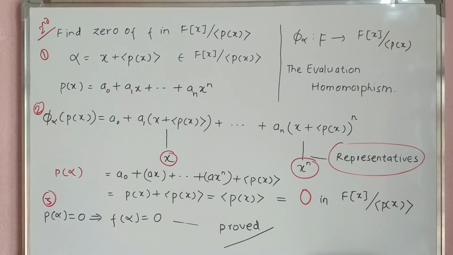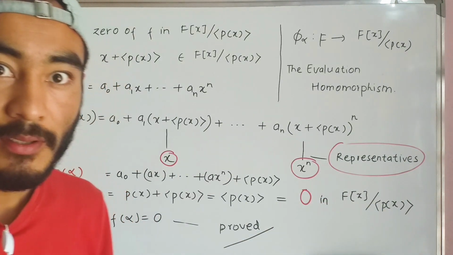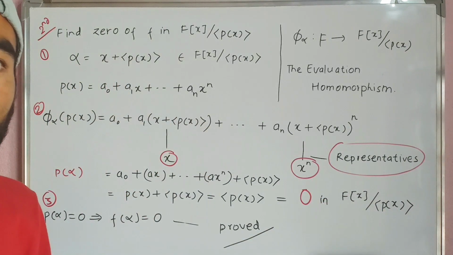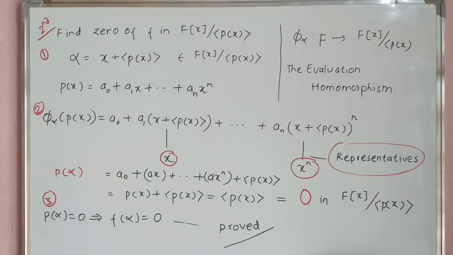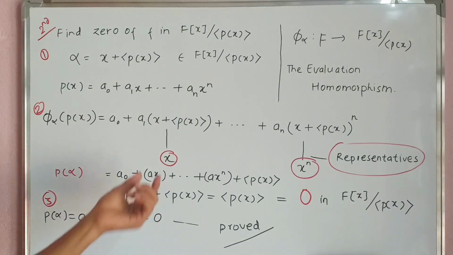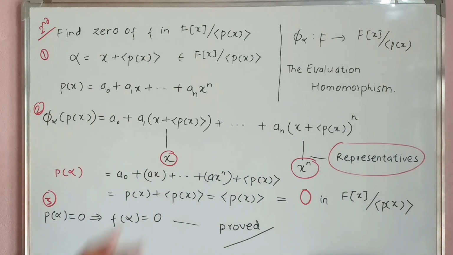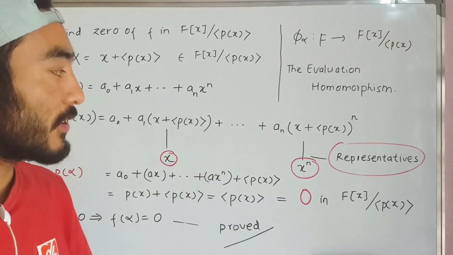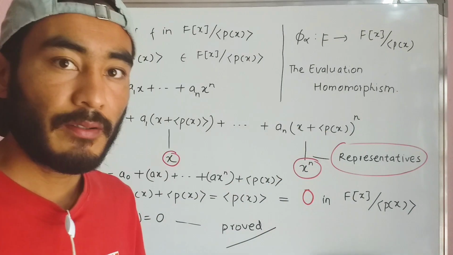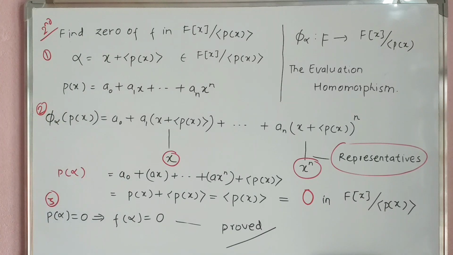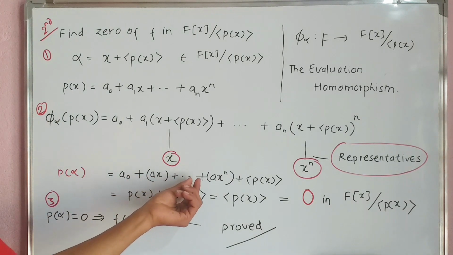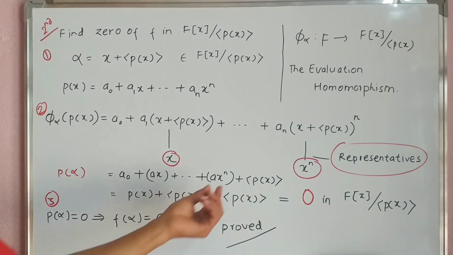Now, in the factor ring F[x] by <p(x)>, we can compute this expression by choosing representatives from the cosets. From this coset, x is a representative, and from this coset, x^n is a representative. Now we have phi alpha of p(x), that is p(alpha), equals a0 plus a1 x plus ... plus an x^n plus <p(x)>.